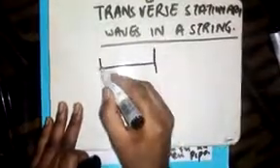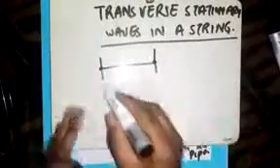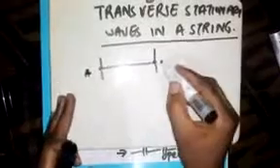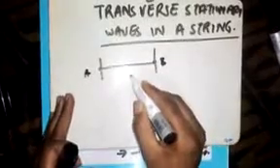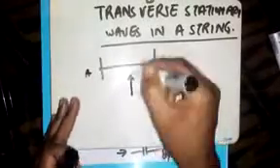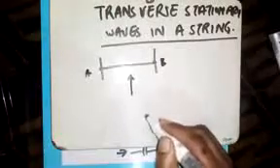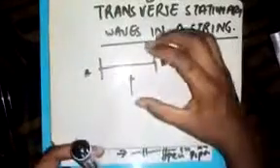Now let us assume we have a string which is fixed at both ends, the end A and the end B. What will happen if this string is plucked at the middle? If the string is plucked at the middle, it will start moving up and down.